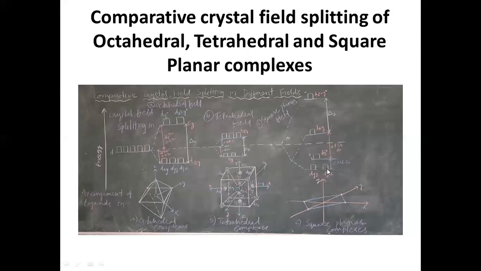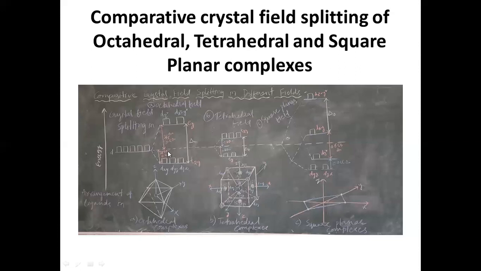These belong to T2G orbitals, and dz square, which belongs to EG orbitals, the z component orbital of EG is reducing in energy, whereas the xy component dxy of T2G orbitals is increasing in energy. Similarly, the dx square minus y square of EG orbital is increasing even more in energy. So that is how the crystal field splitting of square planar complex is happening.